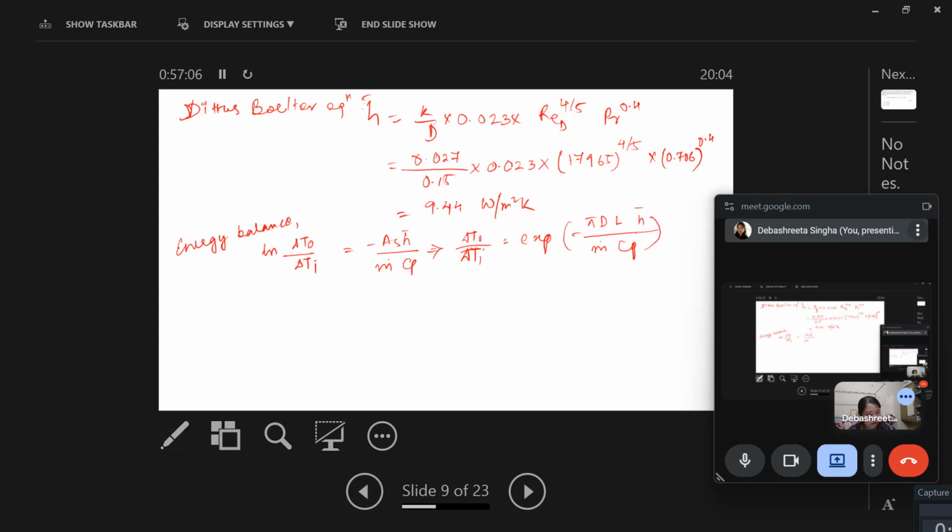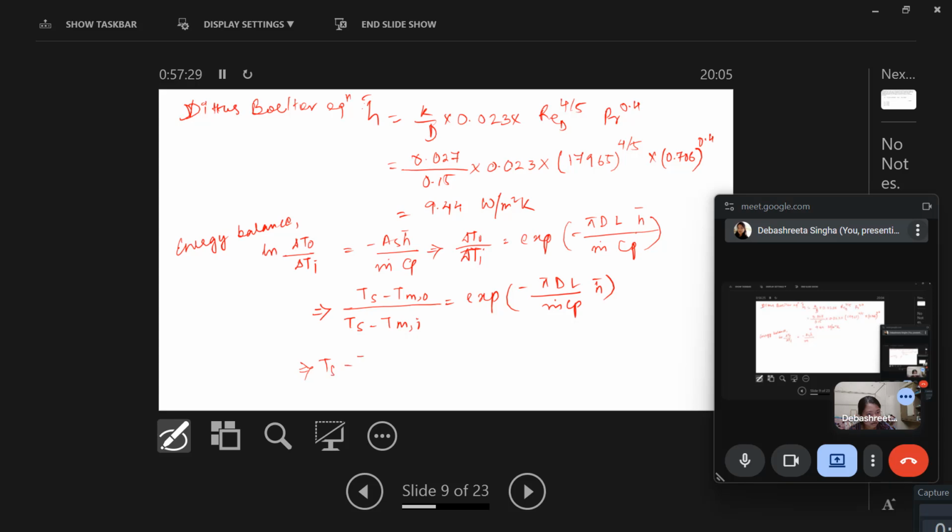Now delta T naught by delta Ti is Ts minus Tmo divided by Ts minus Tmi, equal to exponential of minus pi d L divided by m cp into h bar.